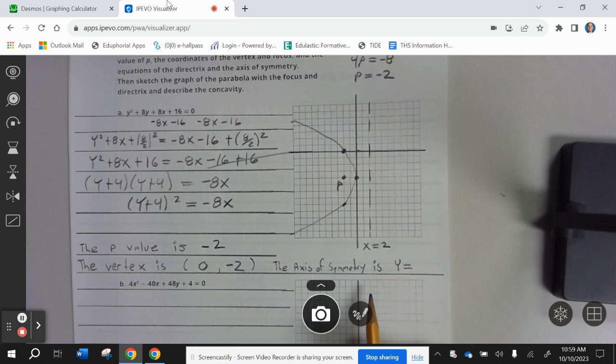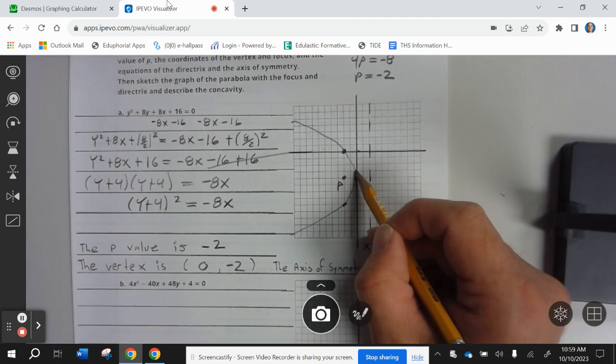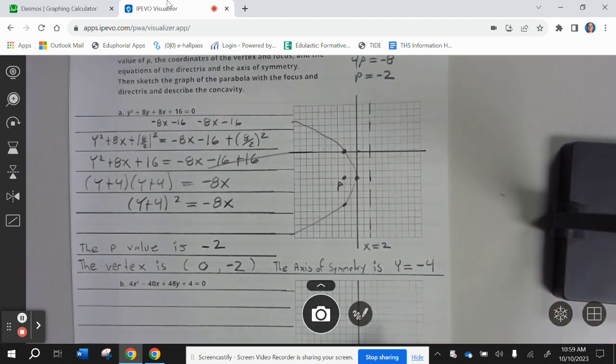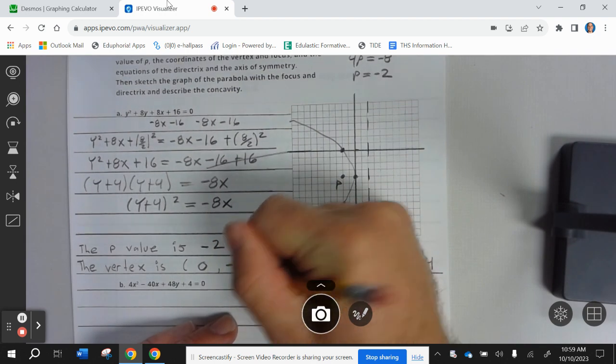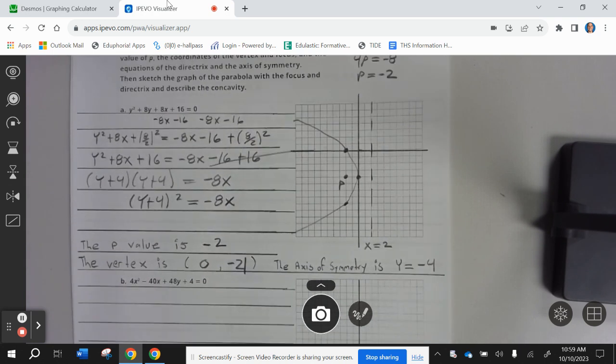The p-value is, yep. And the axis of symmetry is y equals negative 4. I'm sorry. Vertex is 0, negative 4. All right, let's finish up that.